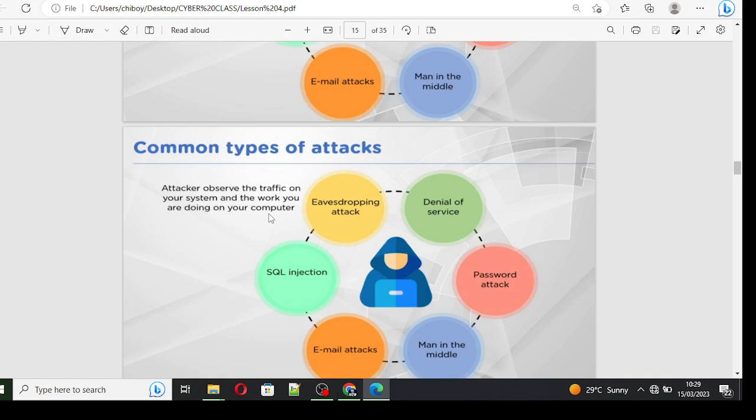The maid is not seeing them, but the maid is listening. So whatever they are saying, the maid hears it. If they say, okay, the password to my ATM card is 1369, the maid has heard it. Once they drop that ATM, the maid can go and pick the ATM and use it. That's what we call eavesdropping attack.